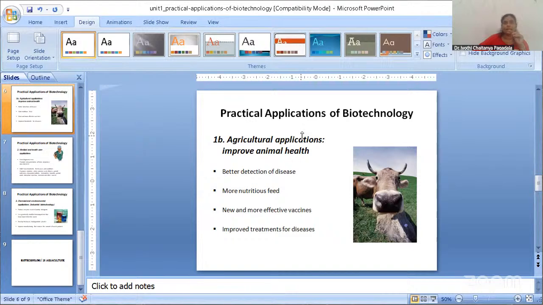It will take a very long time to introduce or improve such a trait in the crop by conventional breeding methods.